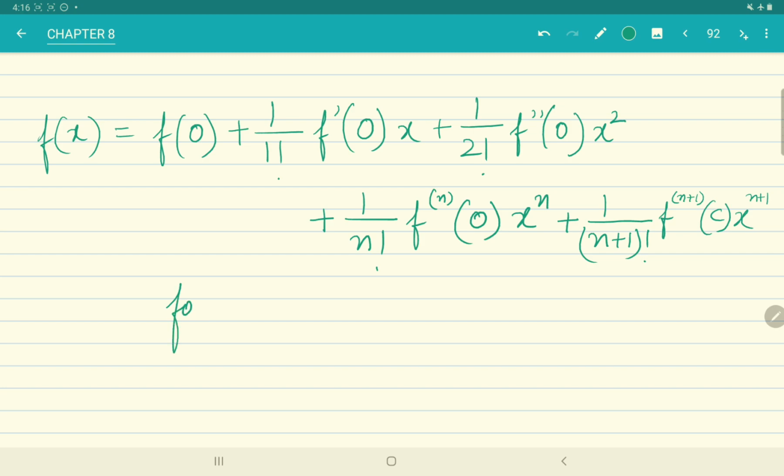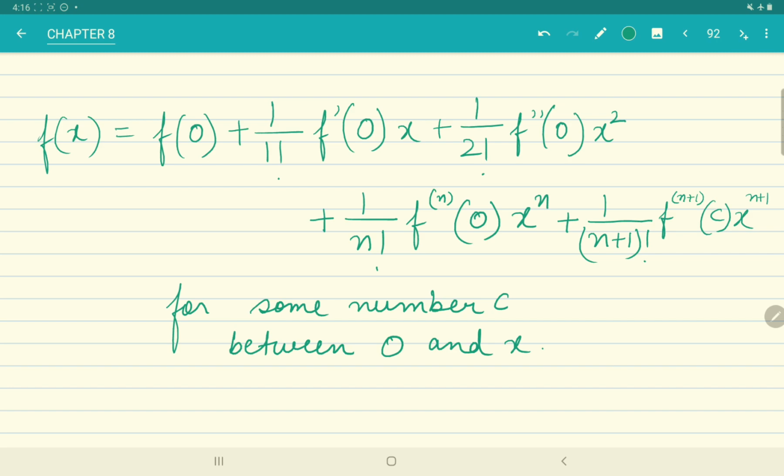And here I can write this is for some number c between 0 and x.